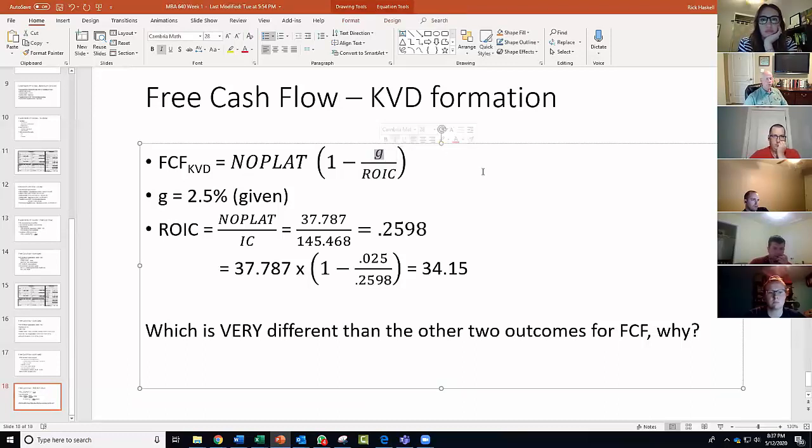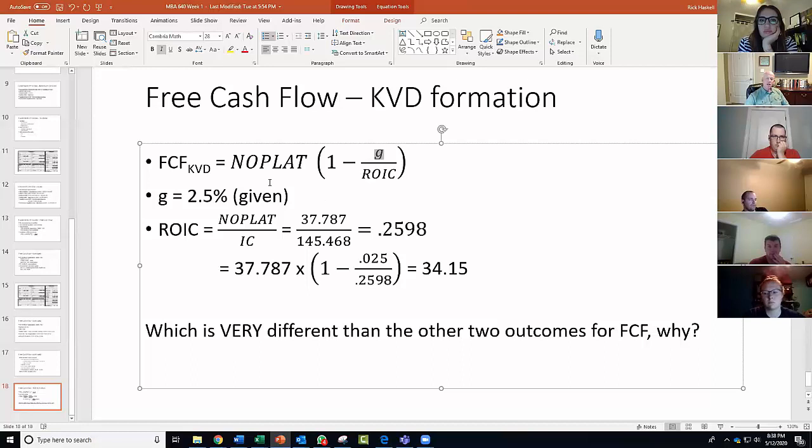Long run growth, or lowercase g, is another key value driver. And then ROIC, or return on invested capital, is the third key value driver. When we bring those into the equation, we are now forecasting into the future. We're wagging, and it comes up with a very different number. So we'll talk about the interpretation of that next week and a couple of times beyond that.